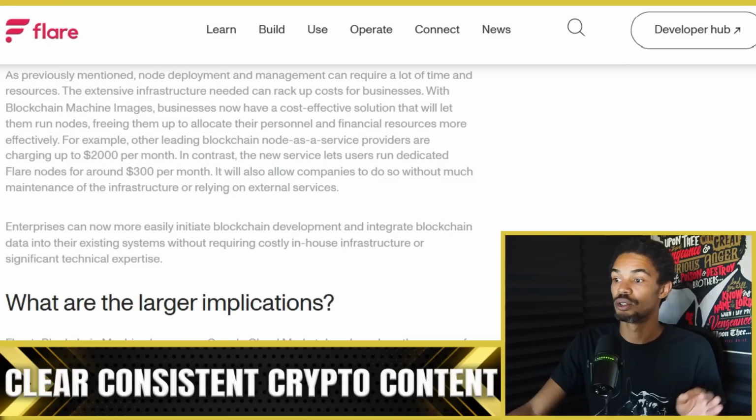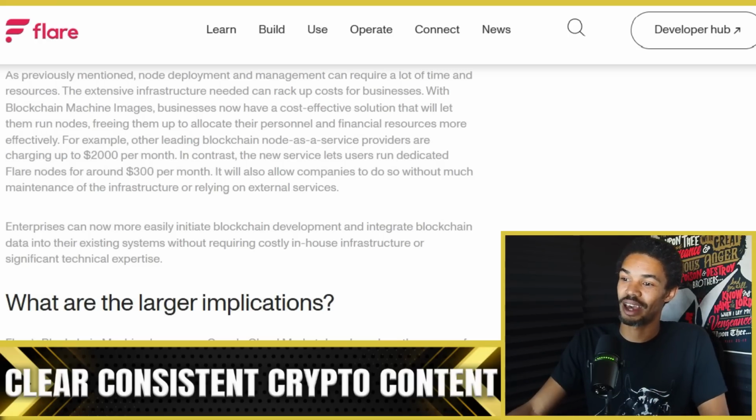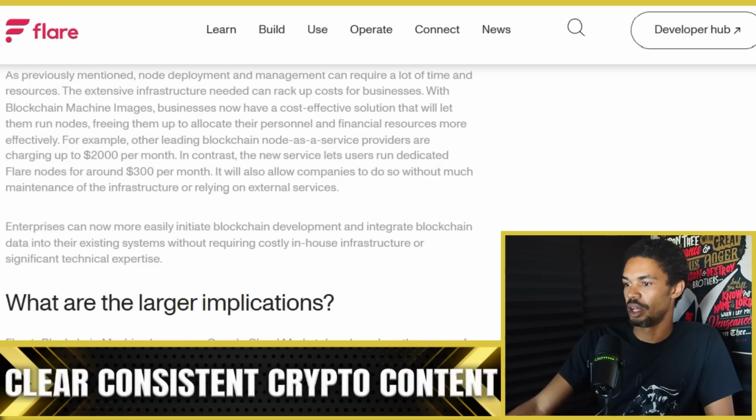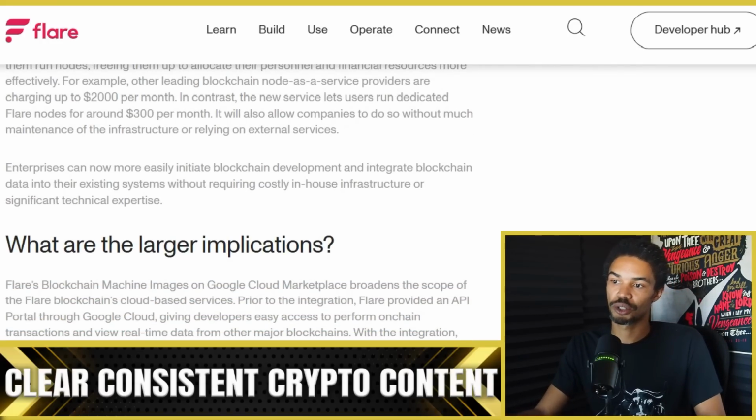In contrast, the new service lets users run dedicated FLR nodes for around $300 per month, exactly $279.63 after taxes. It will also allow companies to do so without much maintenance or the infrastructure or relying on external services. That is another way that they'll be able to save money.